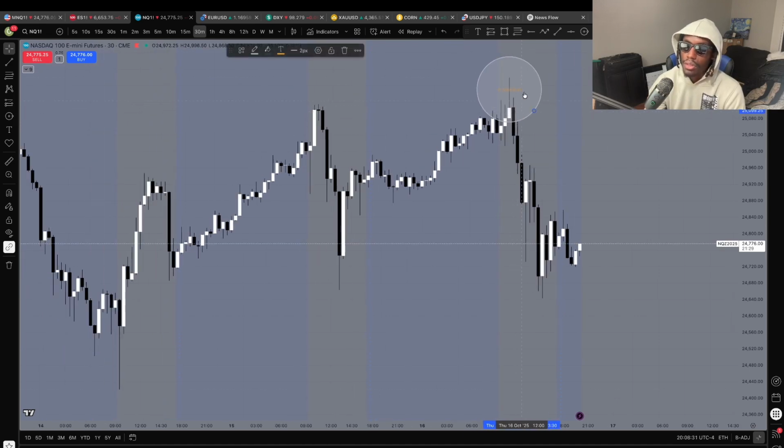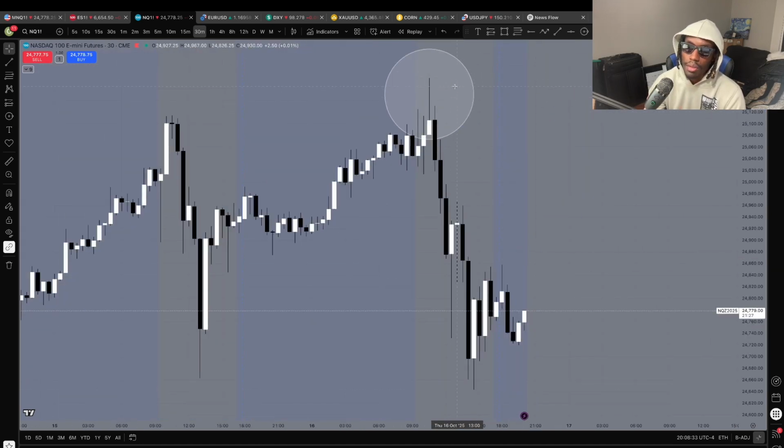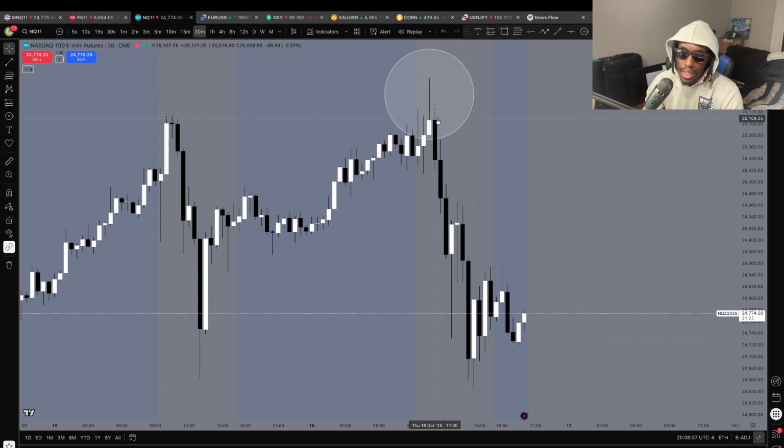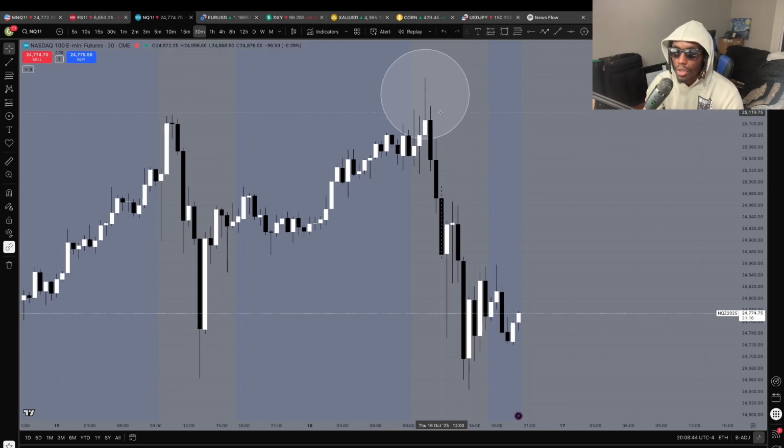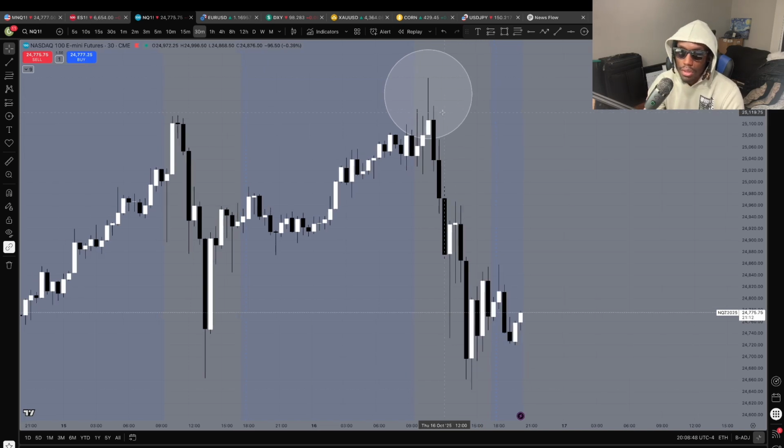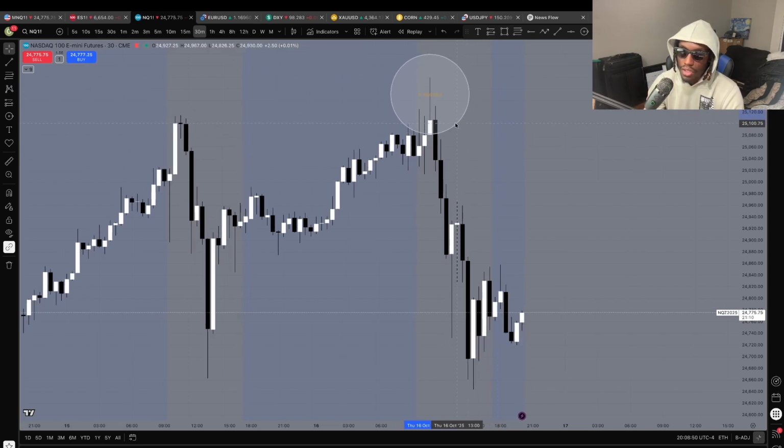They didn't have control of the market like they thought they did, and sellers ended up getting control. So that's what a long wick shows. That's what I mean when I say all you gotta do is understand the characteristics of the candlesticks, and then it becomes easy. You're just reading the story.